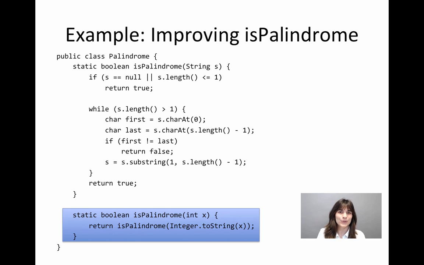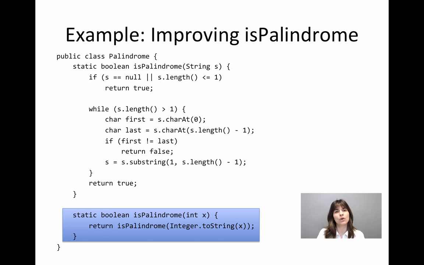Now, why would we want to do that? We would use the isPalindrome taking a string as argument in order to implement the isPalindrome taking an int as argument. All we have to do is make the int into a string and then call the isPalindrome that we have already implemented.